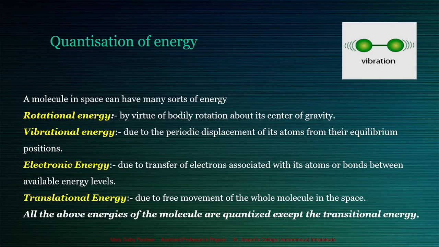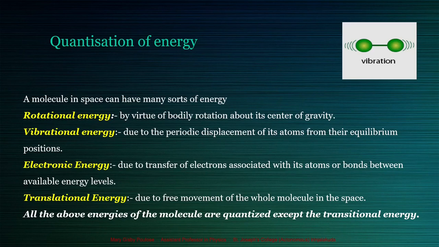So they can transfer between orbitals, and with these transfers between the available energy levels, they emit or absorb electronic energy. Electronic energy is greater than vibrational and rotational energy. All these three are quantized energies, so there will be quantized energy levels.